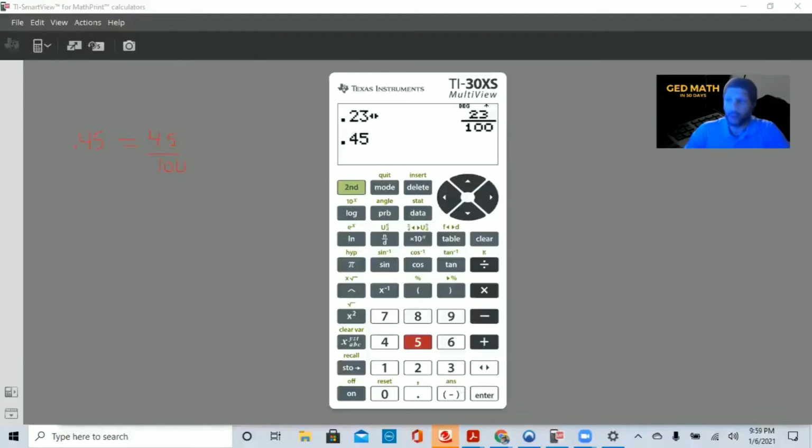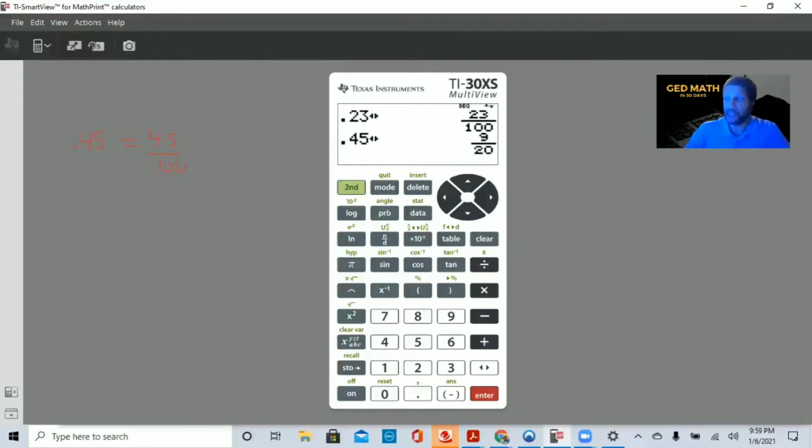We hit our double arrows to convert it to a fraction. But hold on, 9/20ths. I thought it was 45 over 100. Well, if you notice, the TI-30XS calculator reduces the fractions to lowest terms for you. There's no work to do.